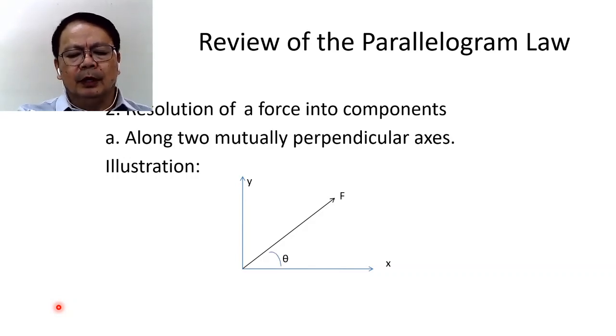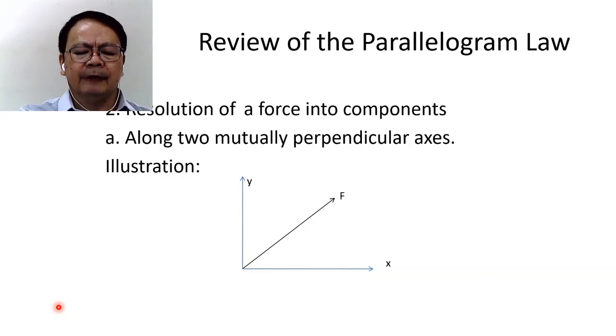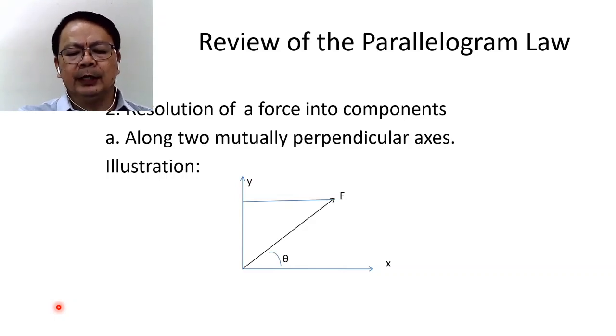Meaning, if we know the direction of the force F, then we can come up with a parallelogram by drawing lines from the tip of F parallel to x and y such that you have this parallelogram.